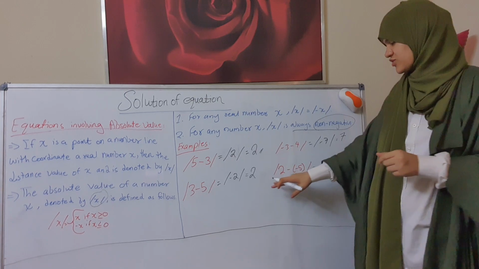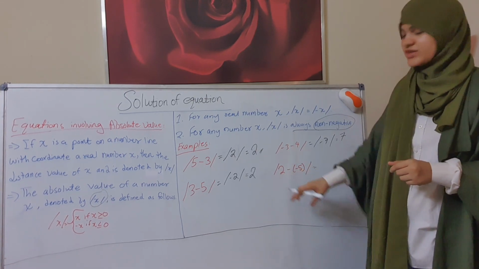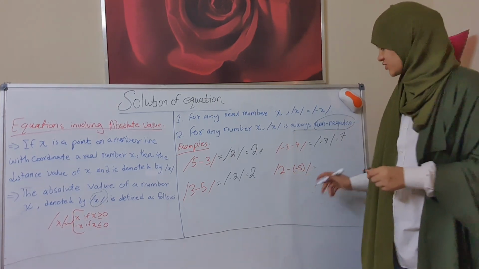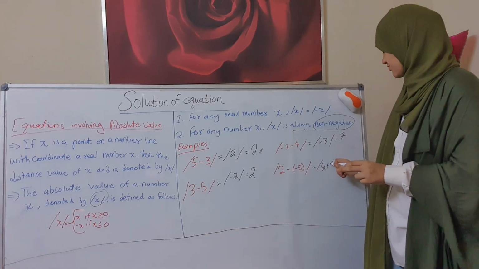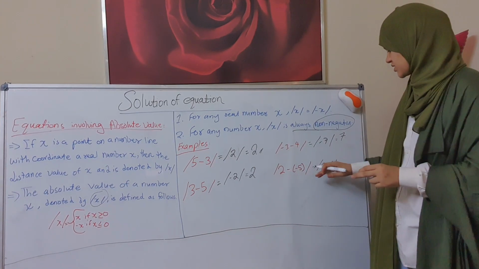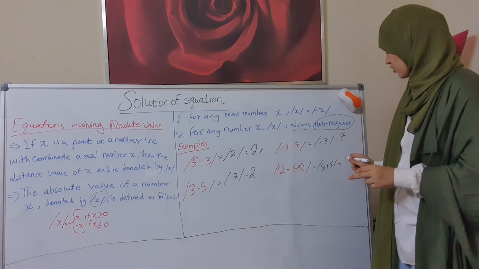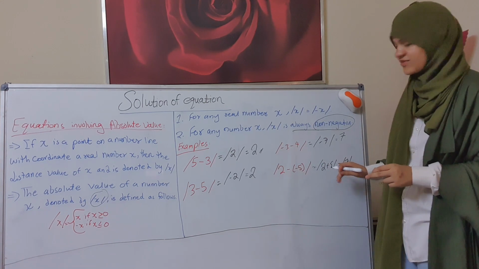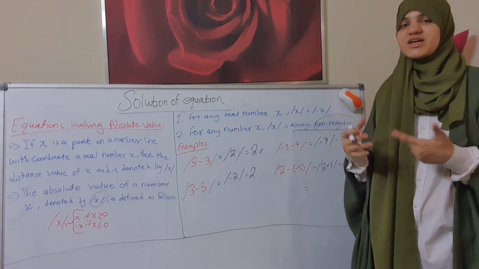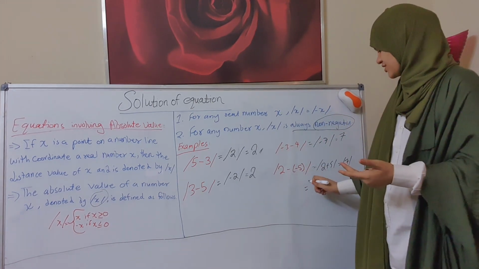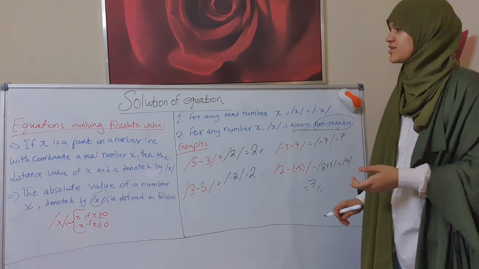So here negative times negative 5, negative times negative will be positive, so that means 2 plus 5 inside the absolute value. 2 plus 5 is equal to 7. So inside the absolute value 7, and when we take 7 outside of the absolute value, it will be as it is, which is positive. So that means it will be 7.